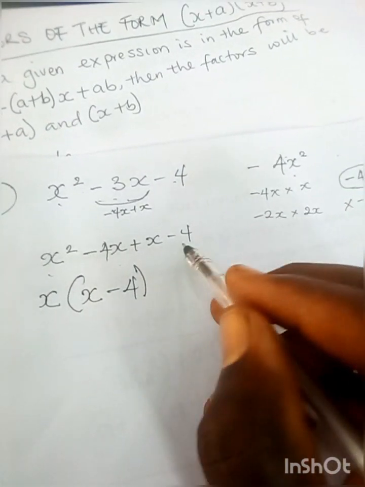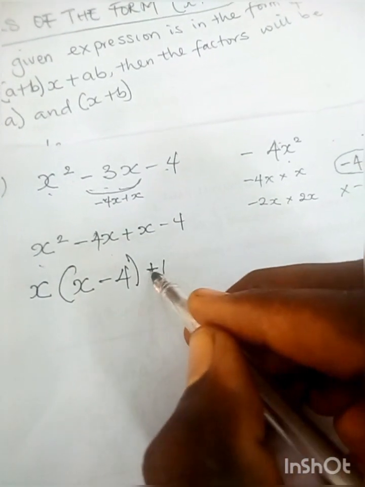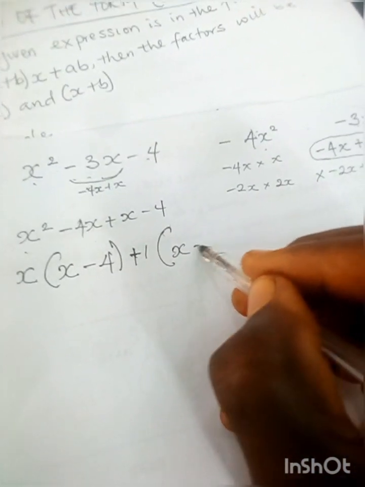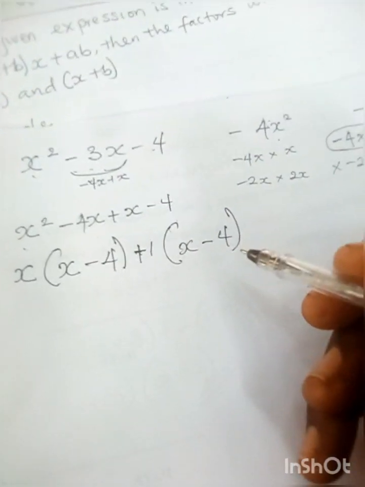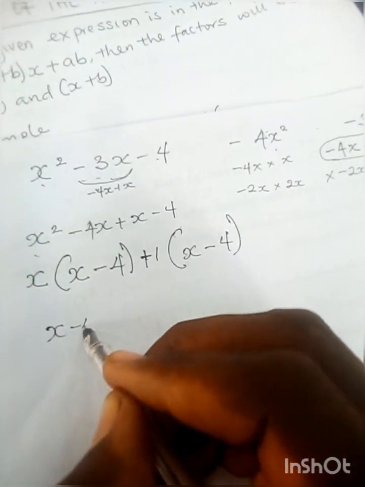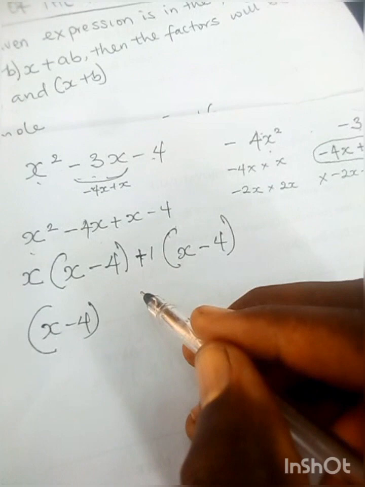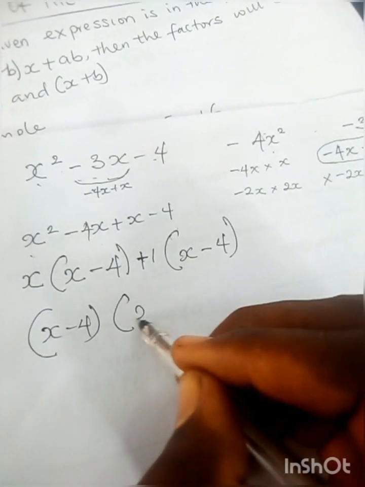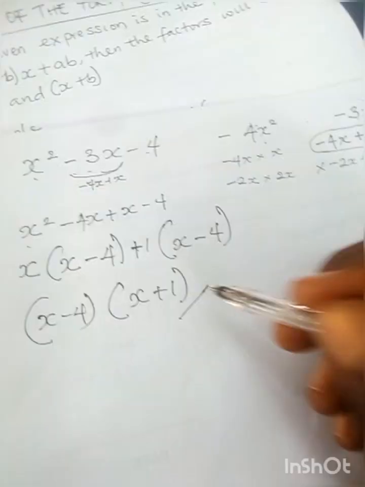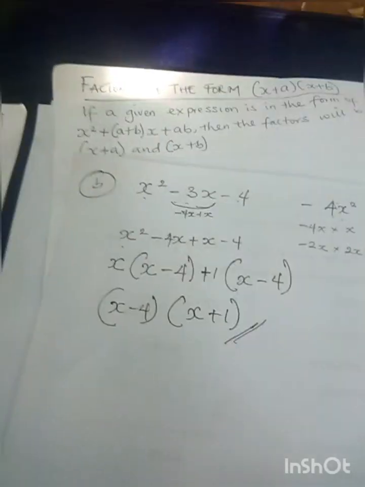That is 1 is common, plus 1, because 1 is a factor of all numbers, like I said. So 1 here will give you x minus 4, right? So let's see what is common in this bracket. Now we have here x minus 4. I'm getting it. Then we now have here x plus 1. So this is the solution to that question.